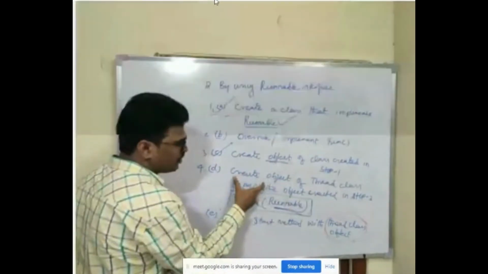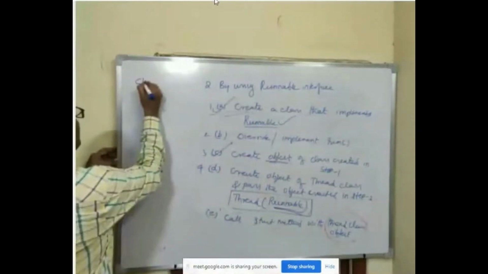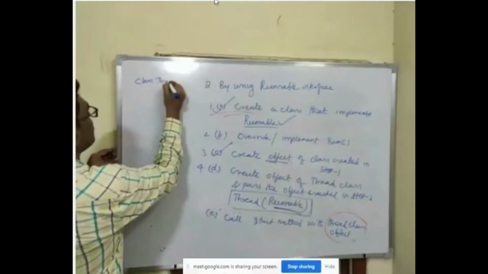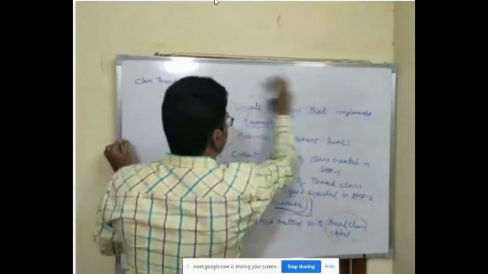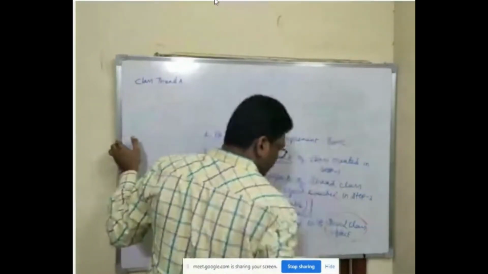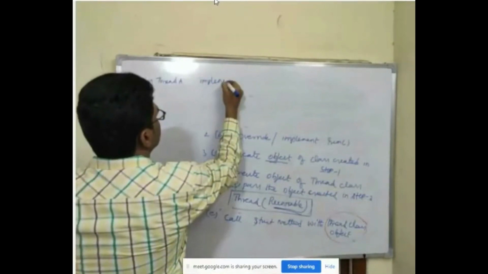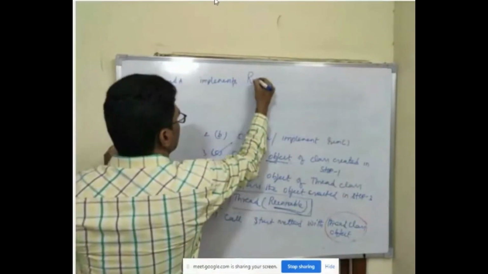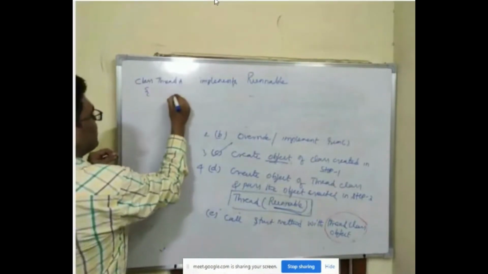I'll show you. I'll create a class, the same thing we did, ThreadA. Previously we wrote extends; here we'll write implements Runnable. Runnable is an interface. So, same as before, I'll override public void run.